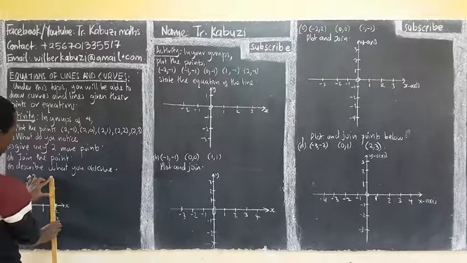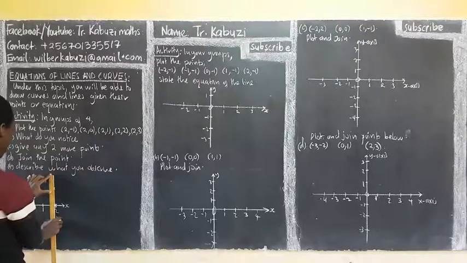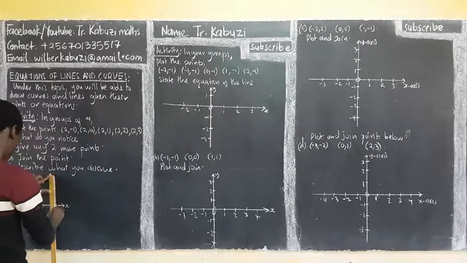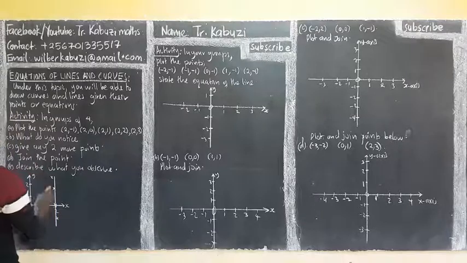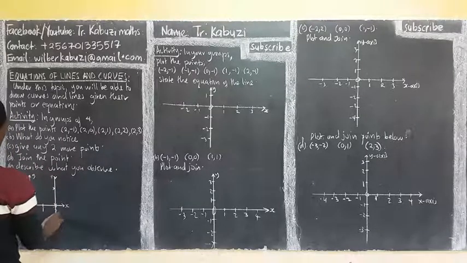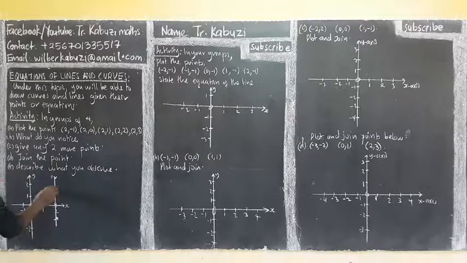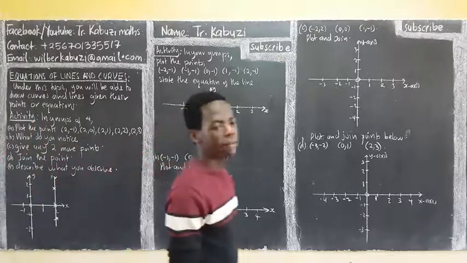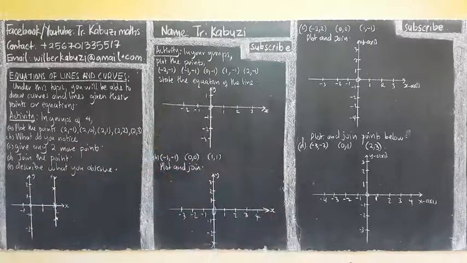Since we plotted these are our points. So join the points. So we have joined. These are the points we joined. After joining, describe what you observe. What do you observe?